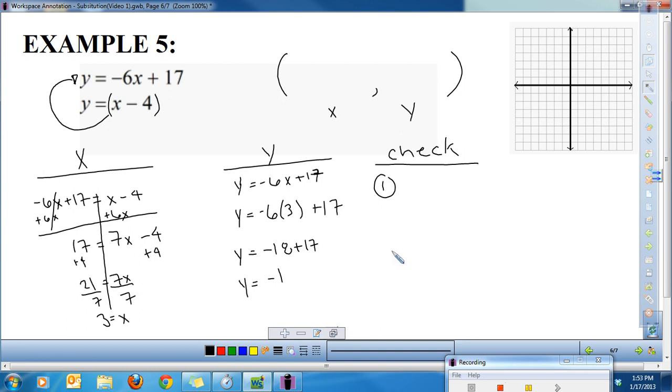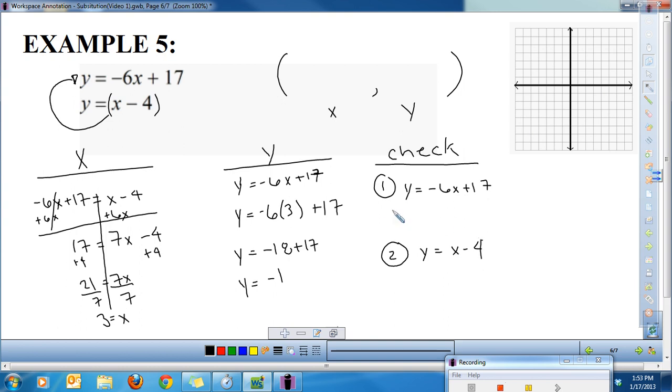Now, actually, I have a great reason why it's important to check. Let's say we did something wrong here, and then we put it in here. Well, if you didn't check it with this other equation, you could be wrong, you could be right, you don't know. So let's check both of these equations to see that they work. I have y equals negative 6x plus 17, and I have y equals x minus 4.